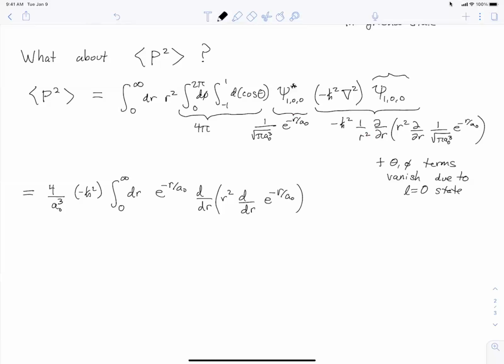Okay, so now we just have to compute these derivatives. This derivative right here is just going to give minus 1 over a0, e to the minus r over Bohr radius. And then when we take the derivative of that multiplied by r squared, it's minus 1 over a0 times 2r e to the minus r over a0 minus r squared over a0 e to the minus r over a0.